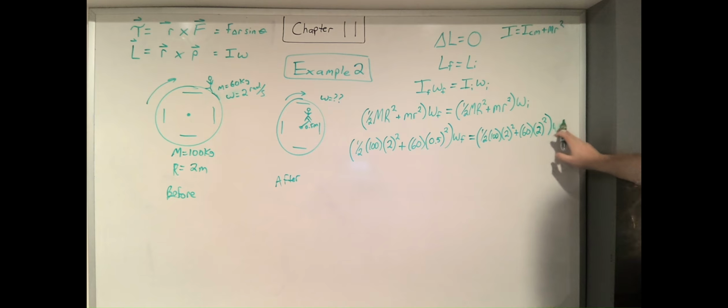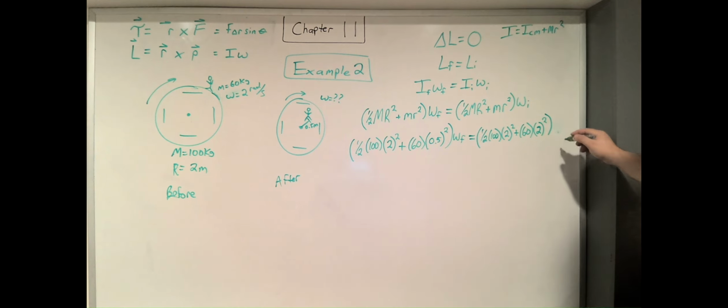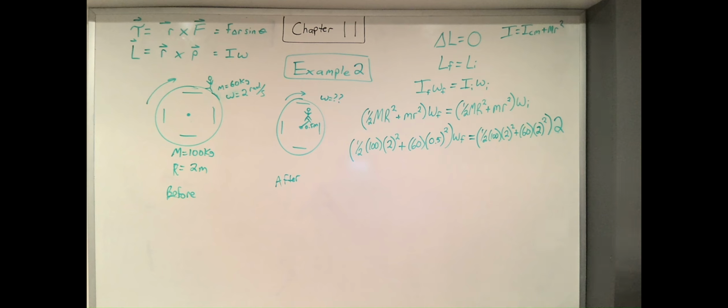Then omega i we actually have given in the problem: in the initial, omega i was 2 radians per second. So we can multiply that whole thing by 2. This one isn't too bad.